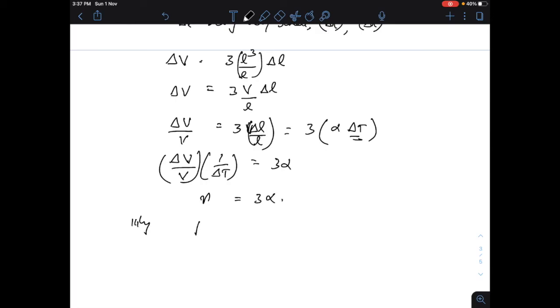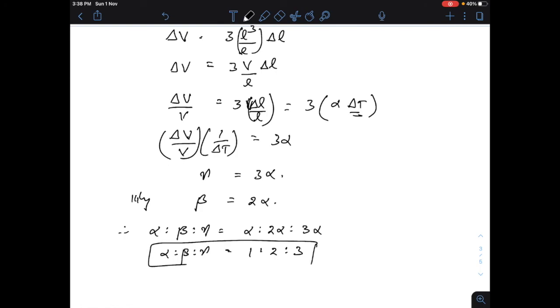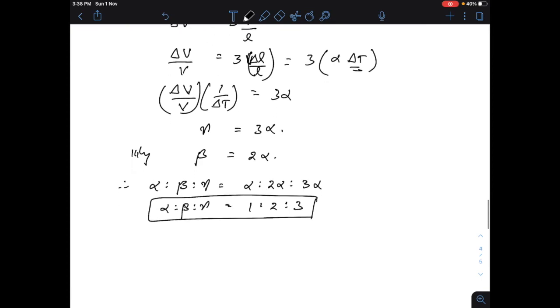Similarly, we can prove beta is equal to 2 alpha. Therefore, alpha, beta, gamma is alpha, 2 alpha, 3 alpha, which comes out to be 1 is to 2 is to 3. So this is how you can arrive at the relation between the 3 parameters.